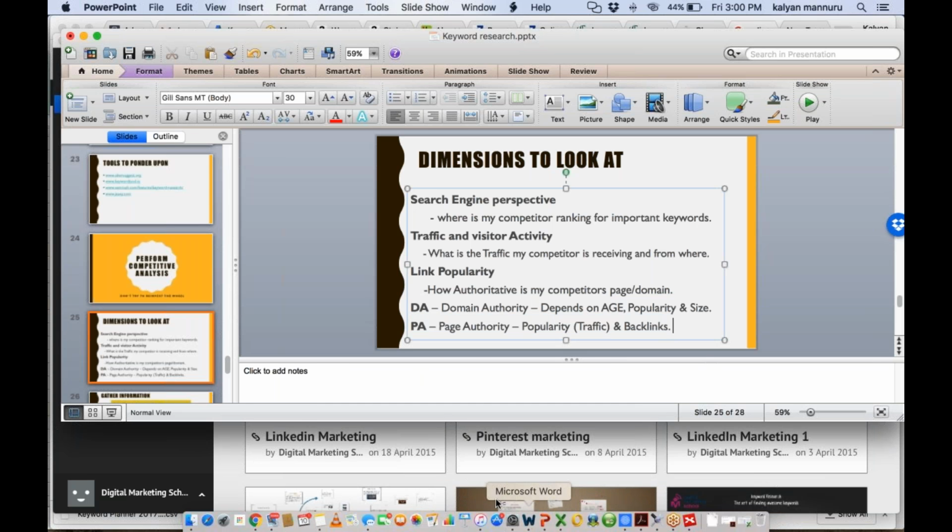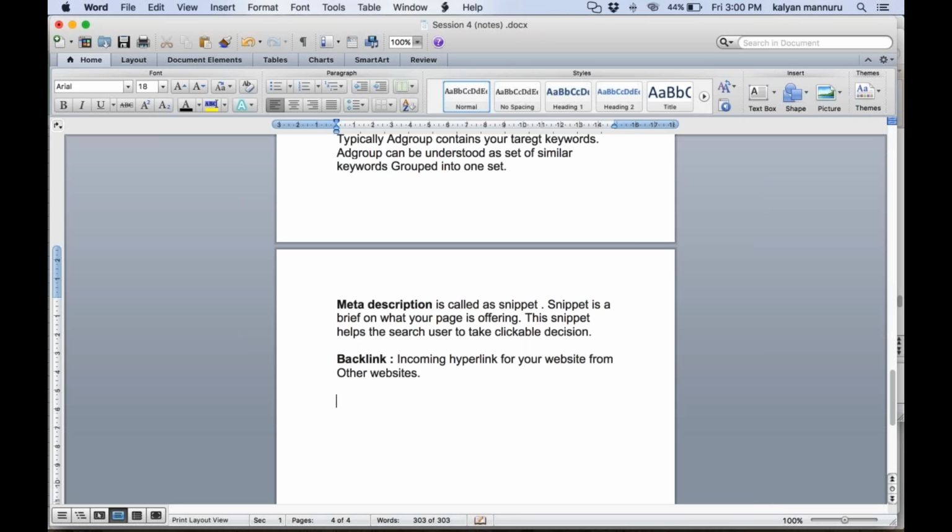So let me give notes for you on that. These backlinks are created by an SEO person. SEO means search engine optimizing person, search engine optimizer. You can call him an SEO person or SEO analyst or SEO executive, whatever you call.